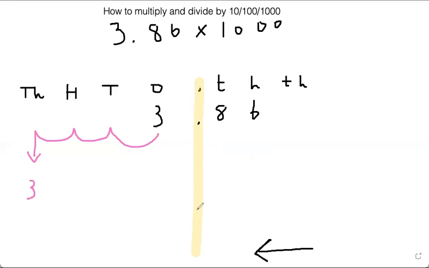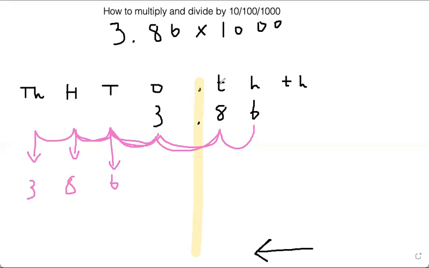So make sure you skip this, which is why I highlighted it, just to remind me not to jump into there. 3 jumps, 1, 2, 3. The 8 will land in the hundreds column. And then finally the 6: 1, 2, 3, the 6 lands here. This is why it's important to do the place value grid, as it will help you line up your numbers easily and you don't get confused or place the numbers in the wrong positions.